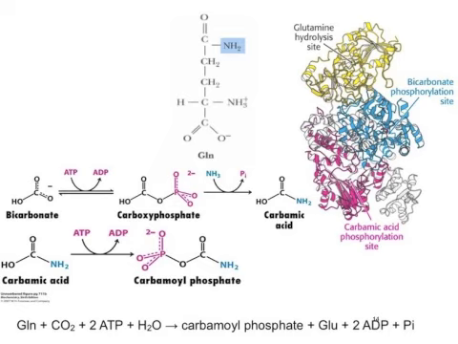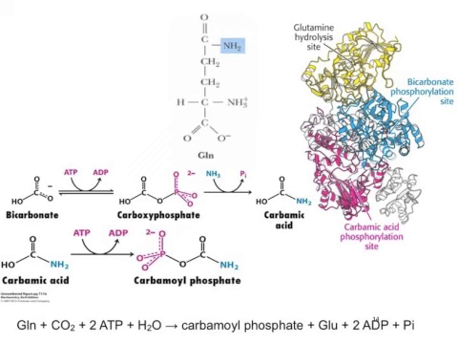And so what we have is glutamine plus carbon dioxide plus 2 ATPs plus water yields carbamoyl phosphate plus glutamate plus 2 ADP plus inorganic phosphate. And the water that you see there is used in the hydrolysis of glutamine to make glutamate.